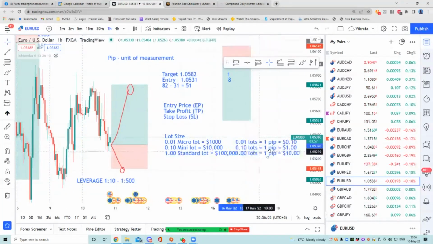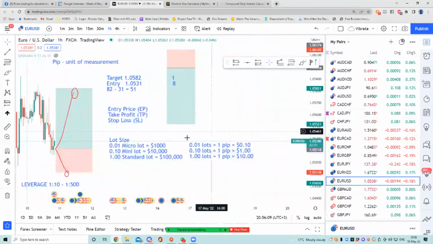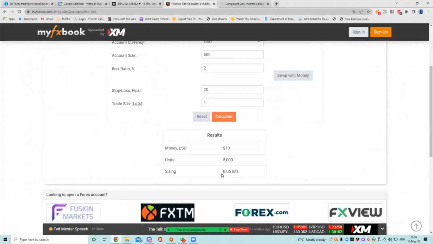You also, I hope, understand the concept of lot size, that the larger your lot size, the more valuable one pip is. And to be clear, guys, you do not need to trade at 0.01. As you saw in my earlier example, we were able to trade at 0.05, 50 cents per pip in this case. 50 cents per pip times 20 pips, $10.